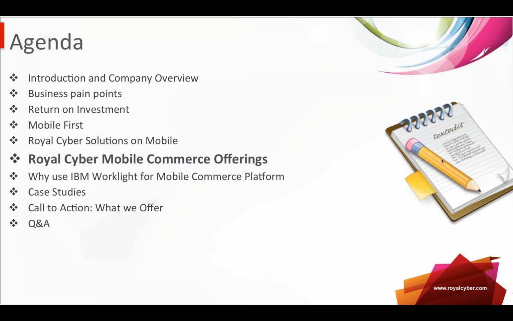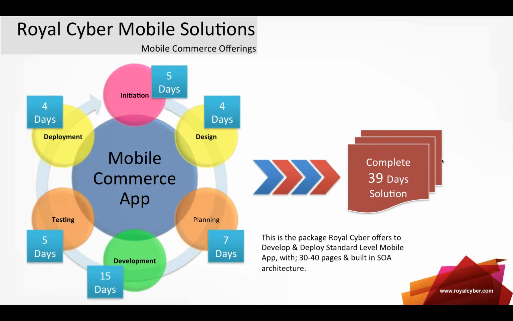So I've talked about rural cyber solutions on mobile. Now, the question might be, what are your mobile offerings? From a go-to-market strategy, what do you offer? So we have what we call a complete 39-day solution. This is from the day you start initiating the project all the way to deployment.